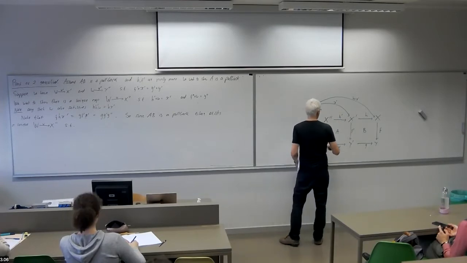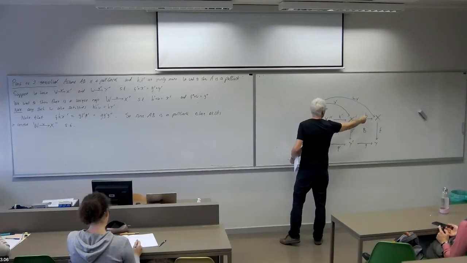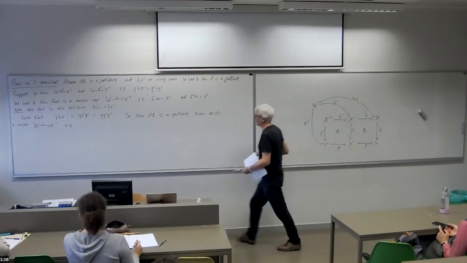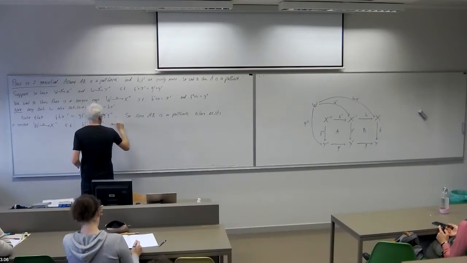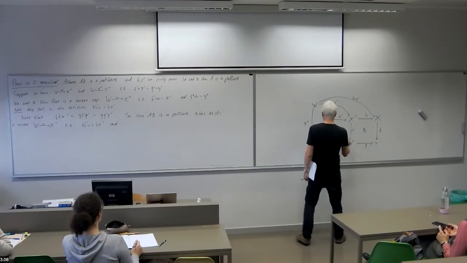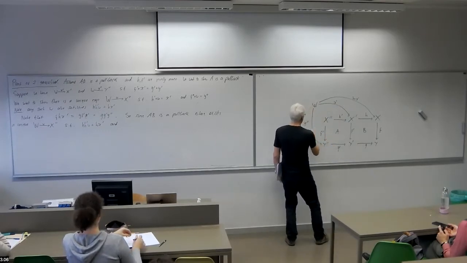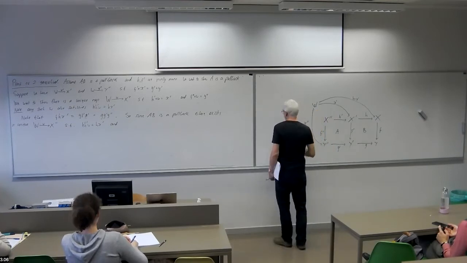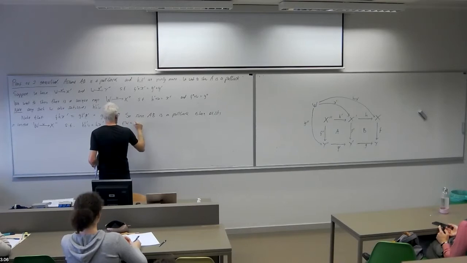So in other words, H composed with H prime composed with w equals H composed with X prime, and F prime composed with w equals Y double prime.